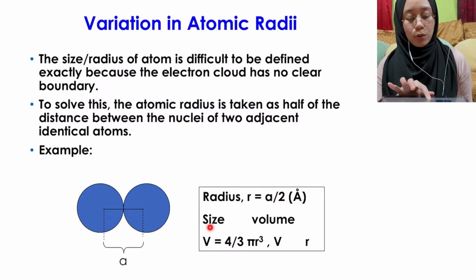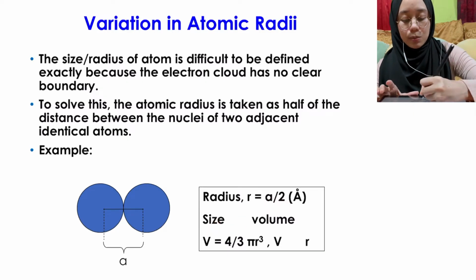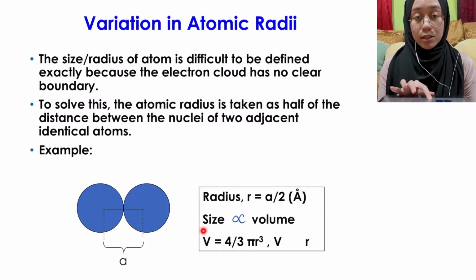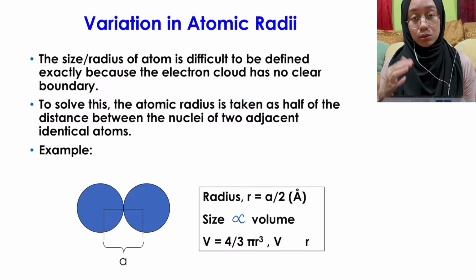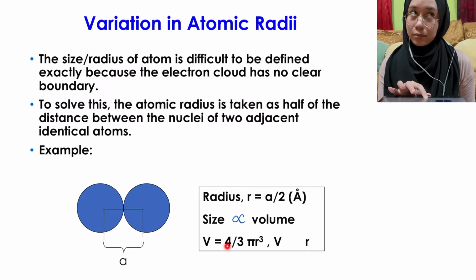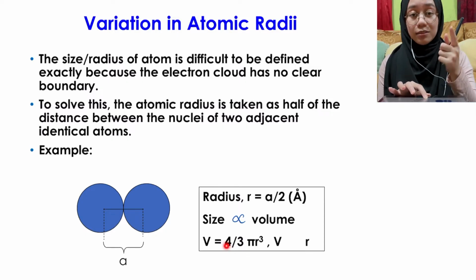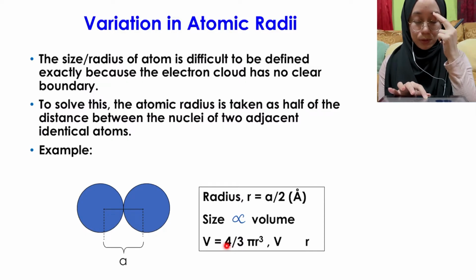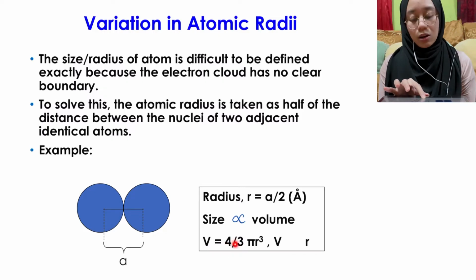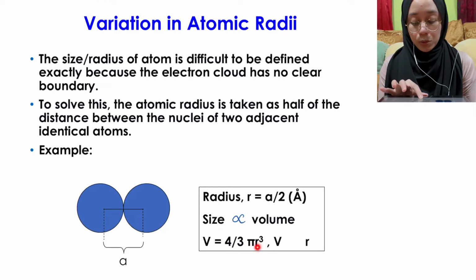So what we can say here is the size is basically directly proportional to the volume. Meaning if the size is big, therefore the volume is also bigger. For the volume of a sphere, V equals 4/3 pi r cubed.